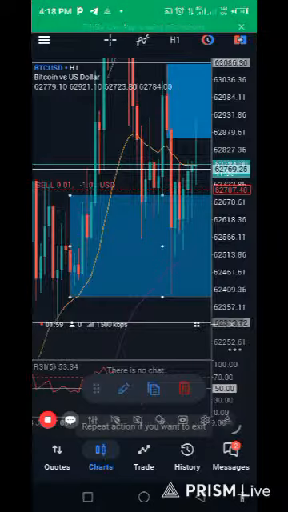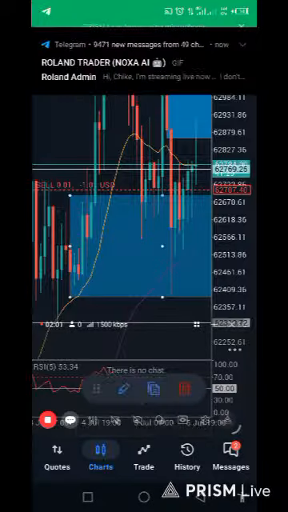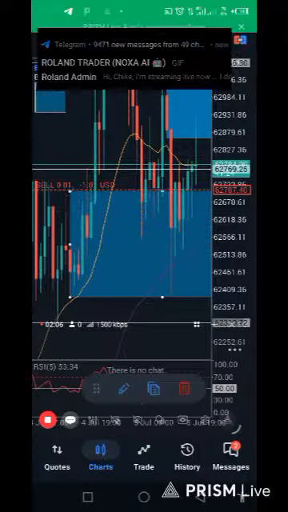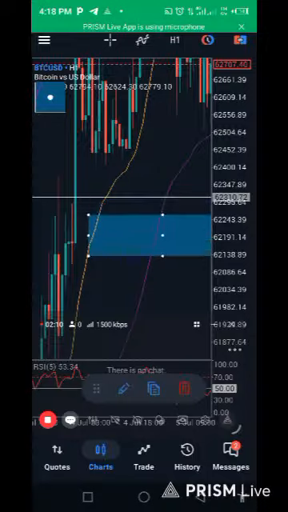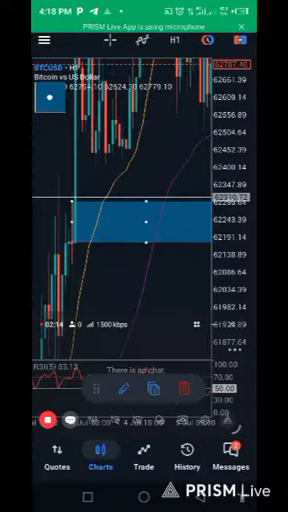Where's the next order block? The next order block should be here.